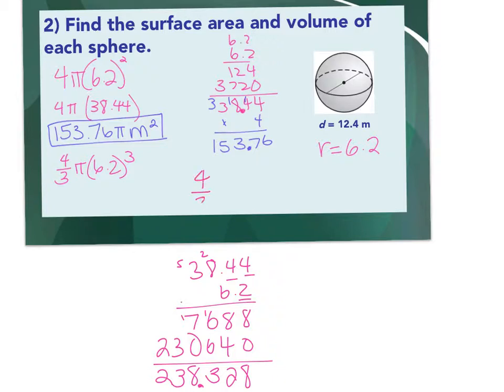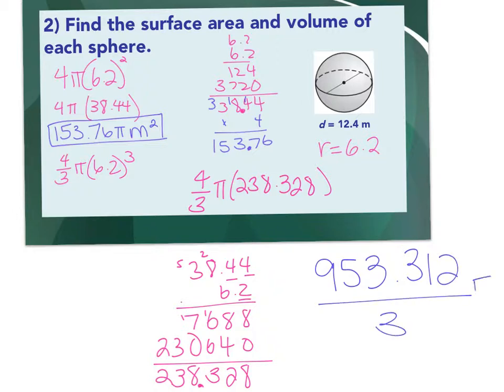So it'd be 4/3 times pi times 238.328. Don't worry, we're not going to do this to you on your test. And then if that's divisible by 3, which I don't know if it is, I would divide it by 3. Let me see if it is. All right, so it's not divisible by 3, so I'm going to multiply it times 4. So I did 4 times 238.328, and you should have gotten 953.312 over 3 pi and meters cubed.